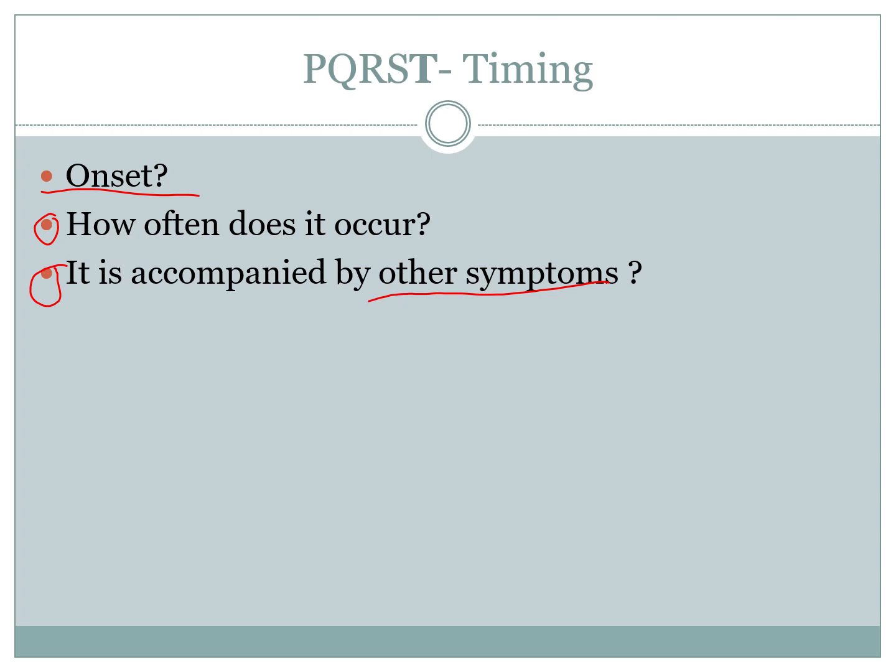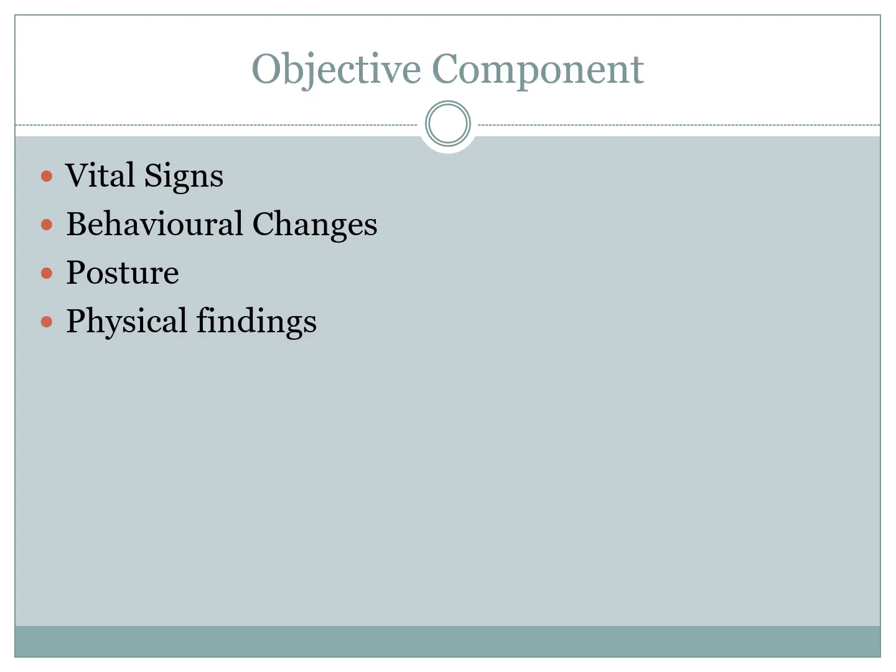So once we get a good PQRST assessment, we'll generally have an idea of what we're dealing with. The idea is to narrow down on what sort of pain we're dealing with, how bad it is to help us with our plan, but also to denote certain characteristics of the pain description that are indicative to certain pathophysiological responses. And that's where our objective component comes in.